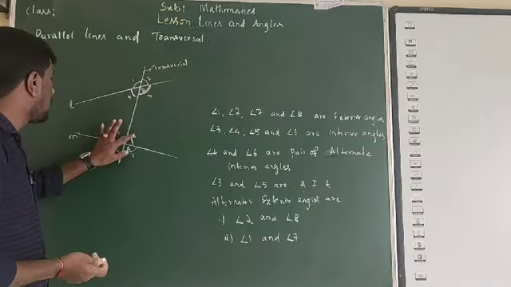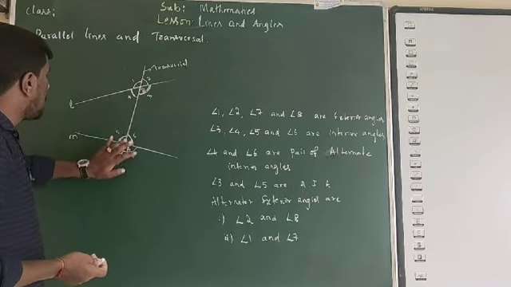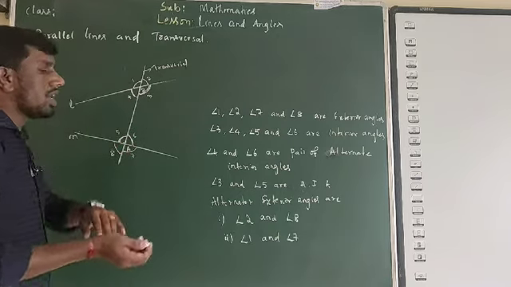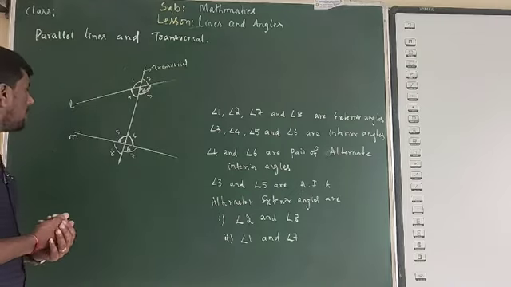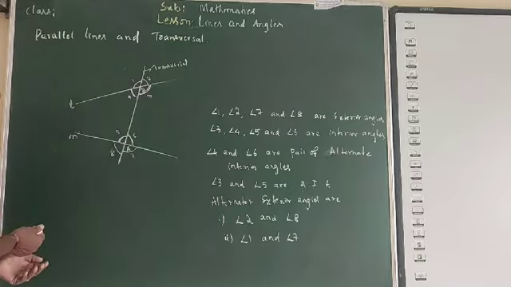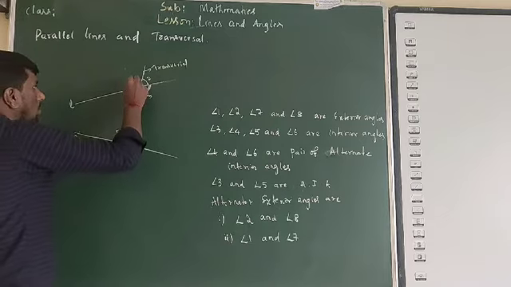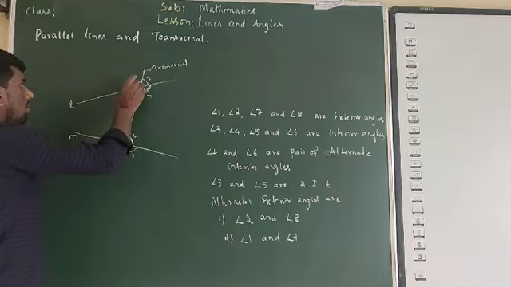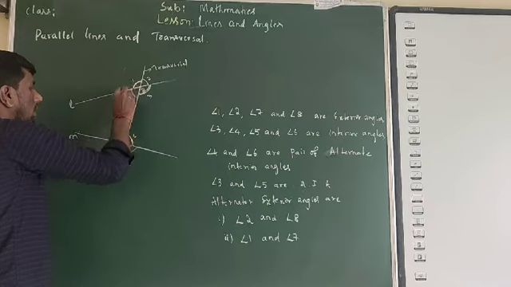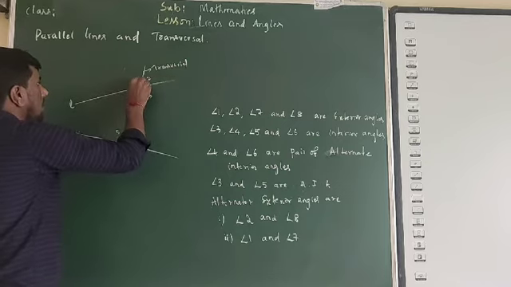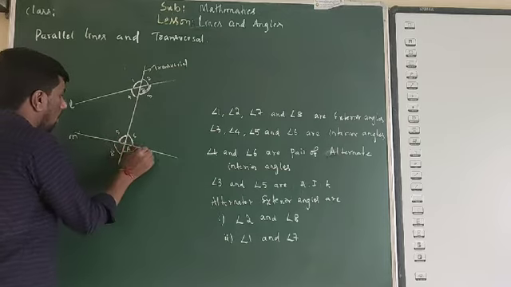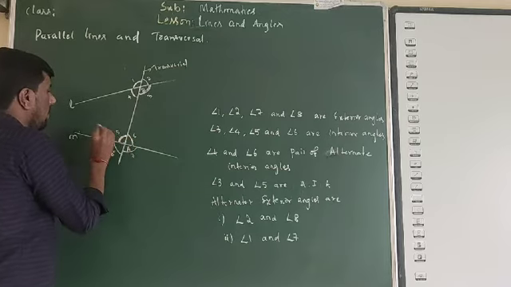So these two pairs are alternate interior angles, and these two pairs are alternate exterior angles. Now, what are these two angles called, 1 and 5? This is the line, and the angle is created here, 1, and this is one more line. With the transversal line, we have created one angle.